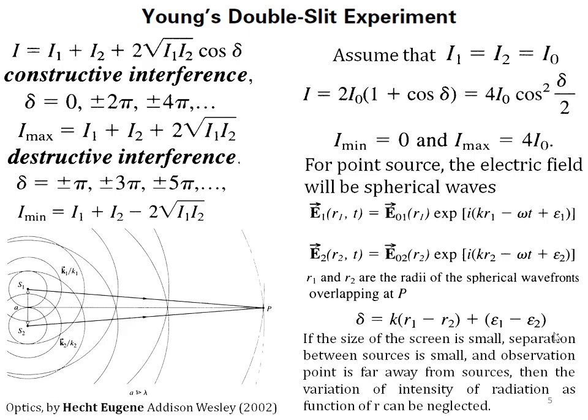Correct? Now if the size of the screen is small, meaning the screen we are taking is not very big in comparison to the separation of the sources and the position of the screen, the screen is not very large in that context, and the observation point is far away from the sources, this P is also far away from these two sources, then we can assume that the variation of intensity of the radiation over the size of the screen is almost constant. This means we can take these values of intensity roughly to be constant and not varying so strongly with R1 or R2.